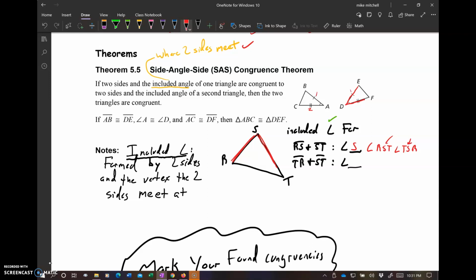Now for this one over here, T's in both of these, so that's got to be the vertex. So let's go check that out. I trace those out. Here's TR, here's ST. You can see those converging at that vertex of T. That makes T our included angle.